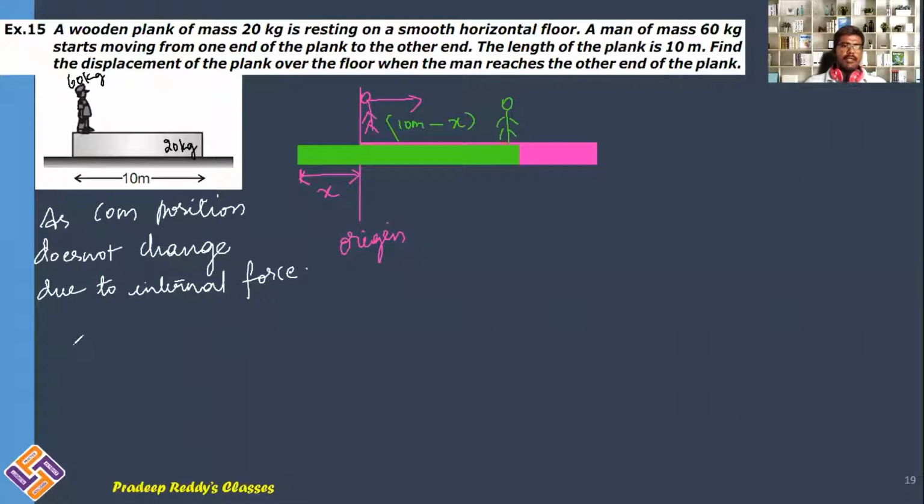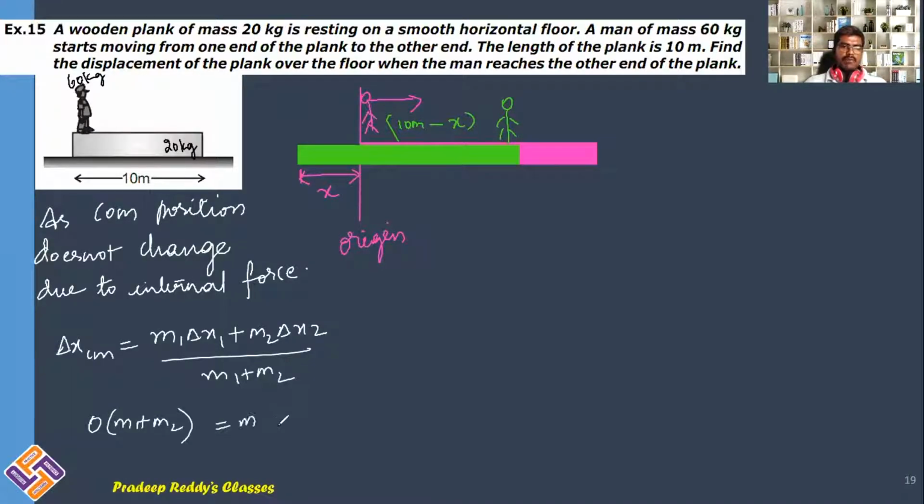Therefore, delta x CM is equal to (m1 delta x1 plus m2 delta x2) divided by (m1 plus m2). Delta x CM is equal to 0, that is, 0 is equal to m1 delta x1 plus m2 delta x2.